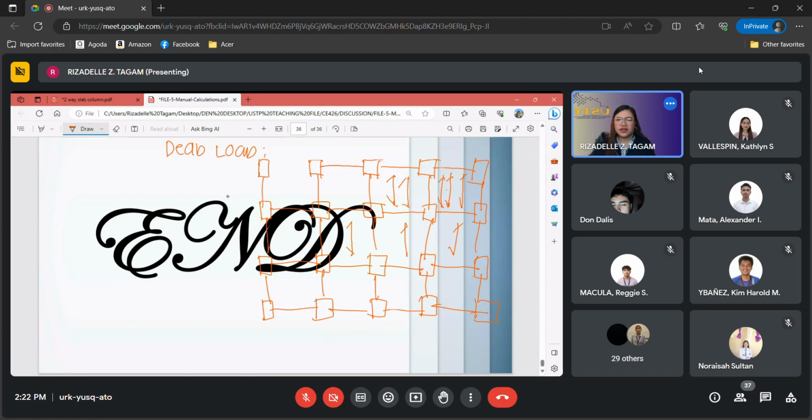And this is labeled A, B, C, D, E, F, G, H, and this is 1, 2, 3, 4. I am missing one at the bottom.